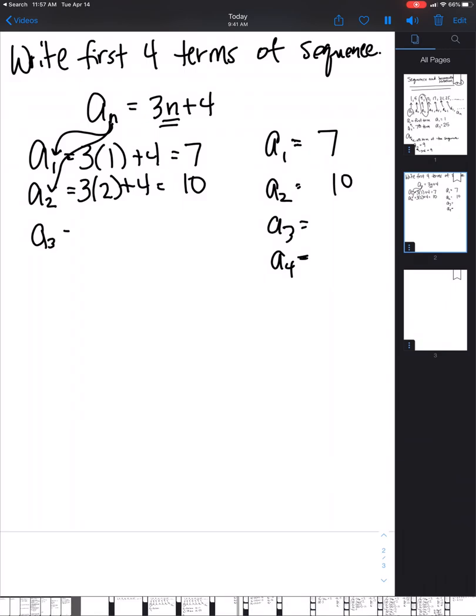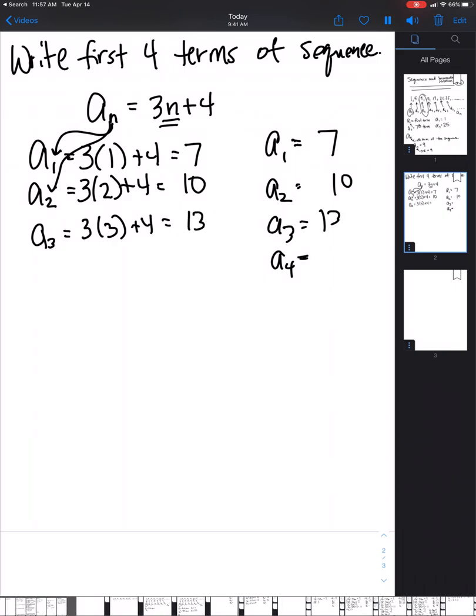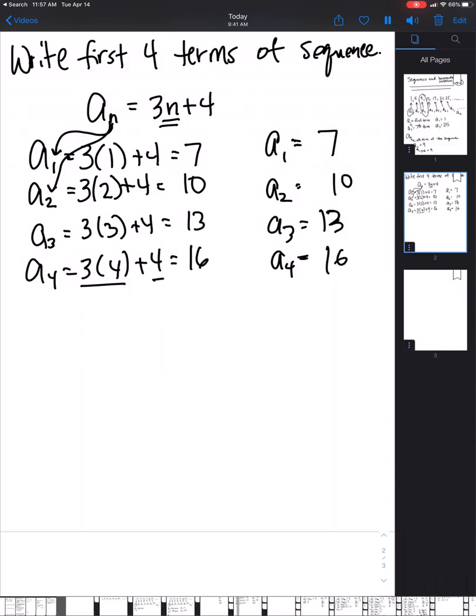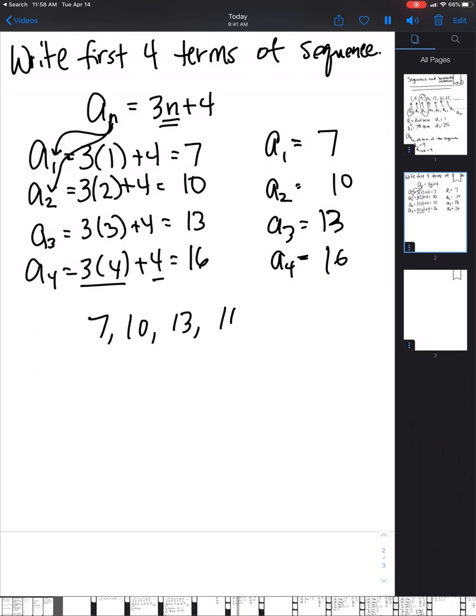Then A3: 3 times 3 plus 4 is 13. And then A4, the last one: 3 times 4, because N is 4, plus 4, so 12 plus 4 gives us 16. So I found the first 4 terms of the sequence: 7, 10, 13, and 16. A1, A2, A3, A4.